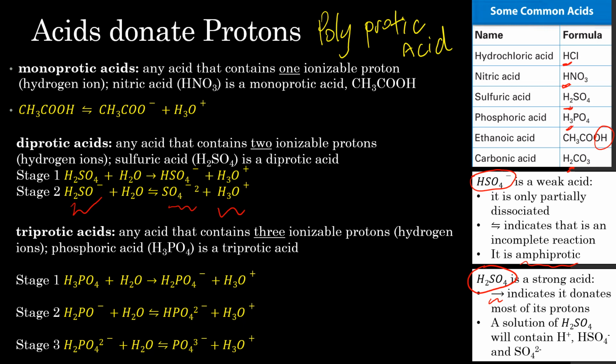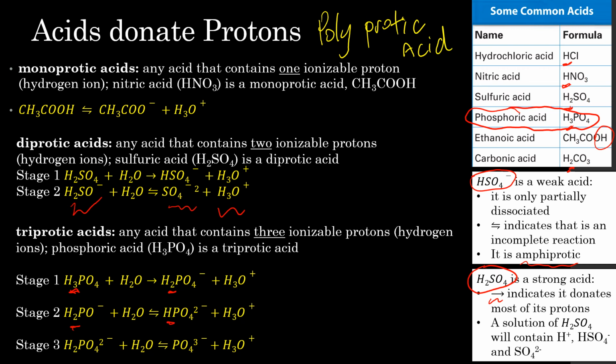Now triprotic acids are any of those acids that contain 3 ionizable protons, and recall that's this one here. We've got H3PO4. So we just have 3 stages of dissociation, and so you can see that each step we are losing a hydrogen ion. So we're going from H3PO4 to H2PO4 minus, and then in stage 2, we've got the H2 down to just 1 hydrogen.